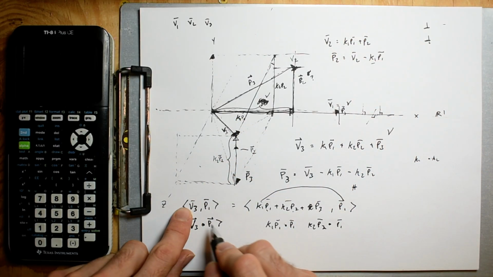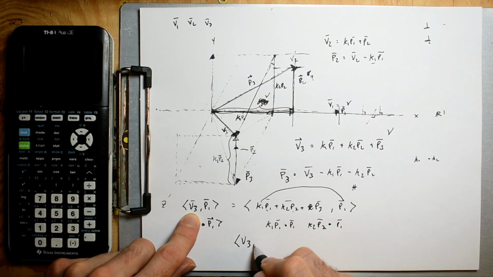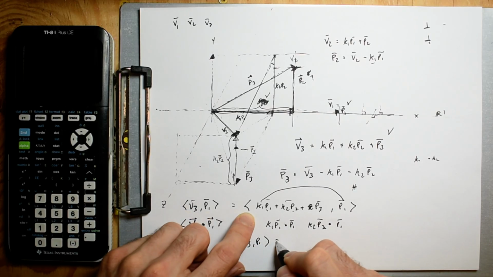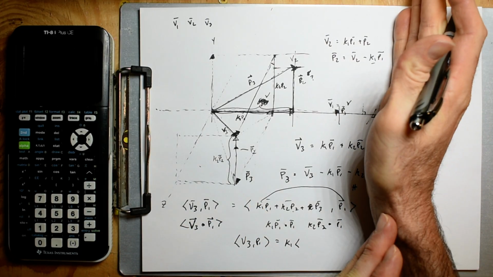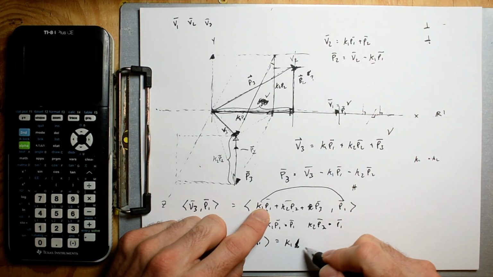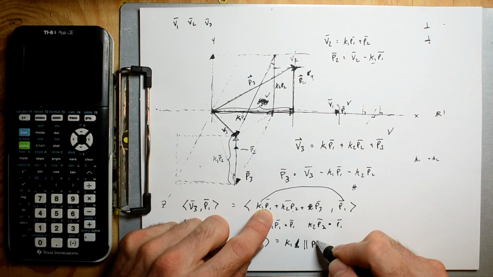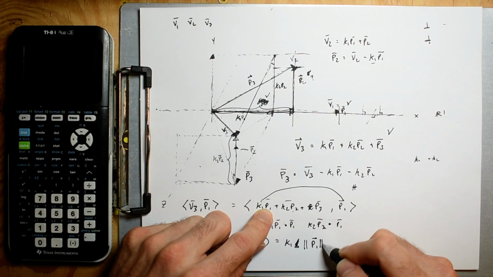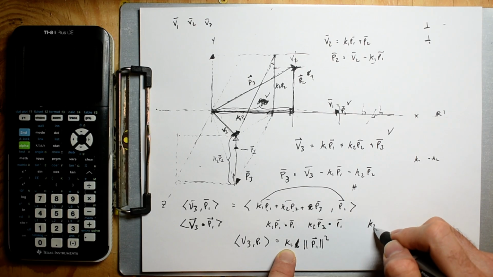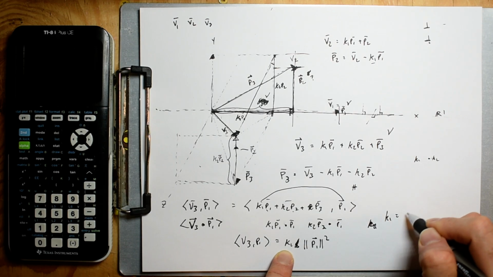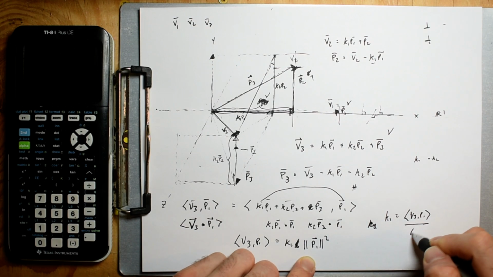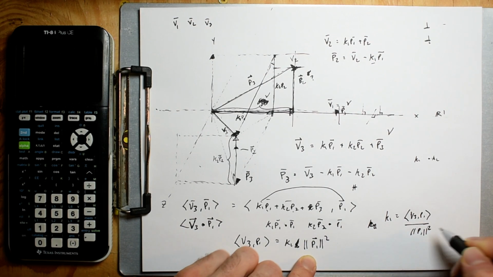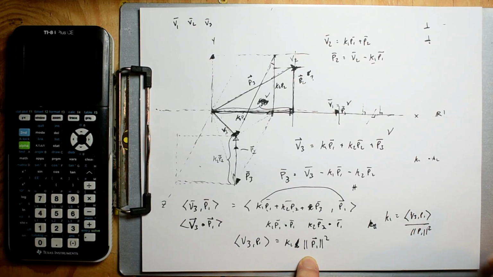So then we have this inner product, V3 P1, is equal to K1 times the dot product of P1 with itself, which is just its magnitude squared, because you get 100% of it. Then we solve for K1. K1 is V3 P1 divided by the inner product. We got 48 seconds.